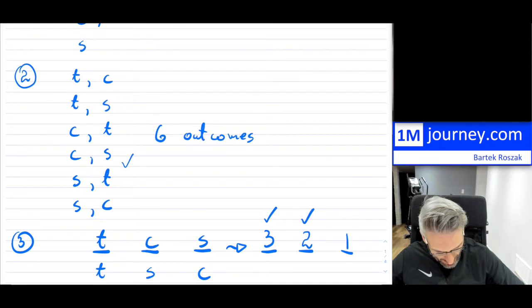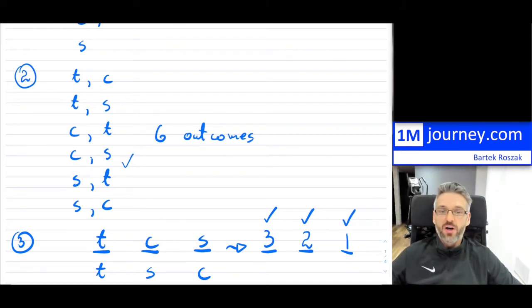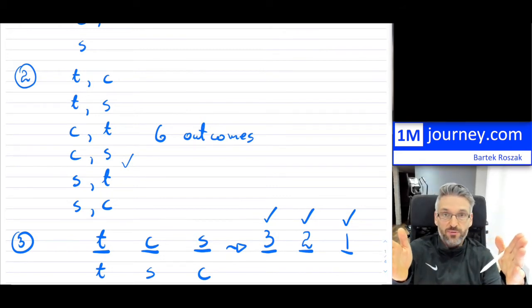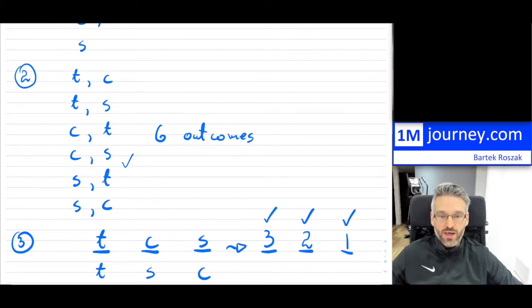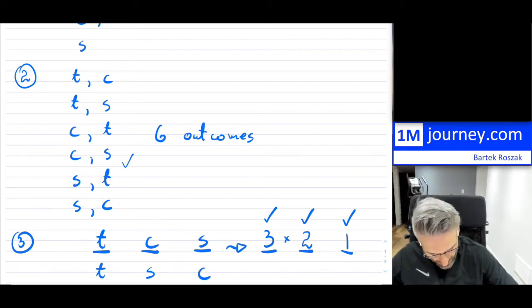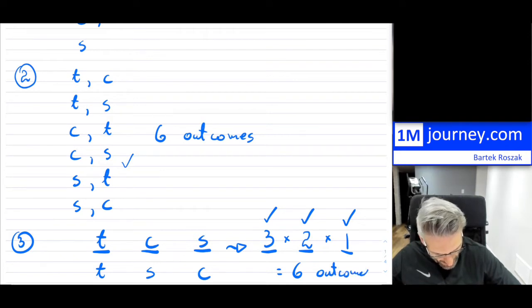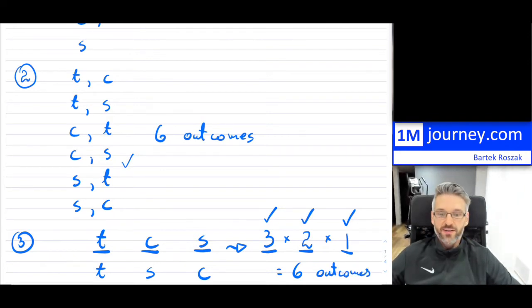And then lastly, we would only have 1 choice for the last thing, because if I picked 1 for the first and 1 for the second, now 2 are gone, and that only leaves me with 1. By the multiplicative principle, if I multiply this, it gives me 6 outcomes as well. So I would have 6 outcomes right there.